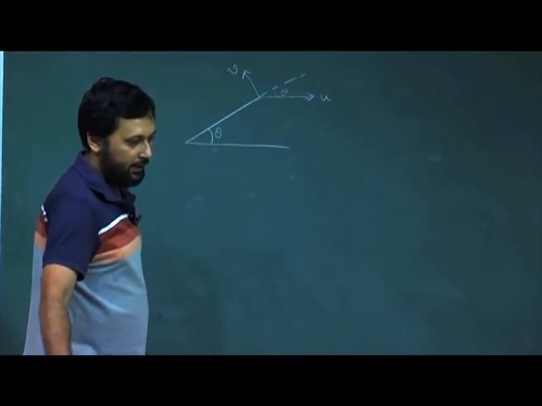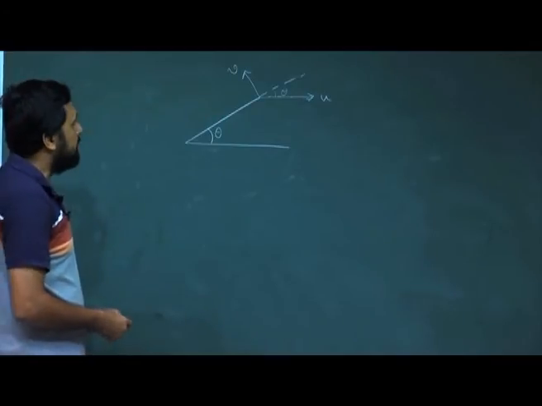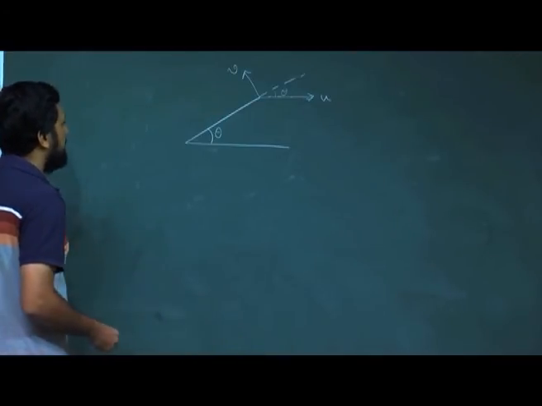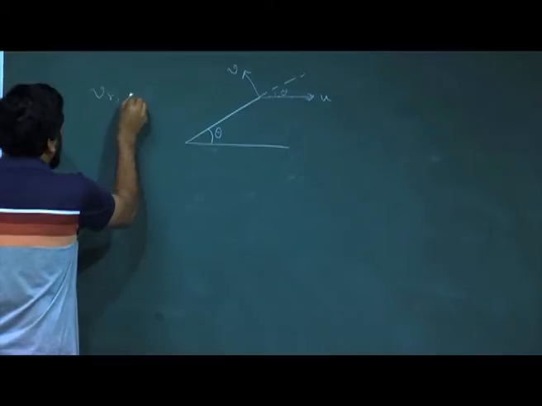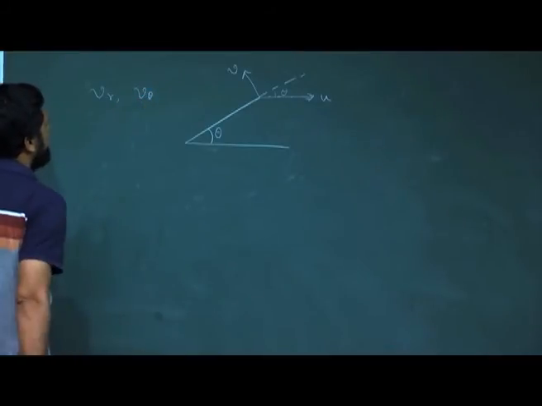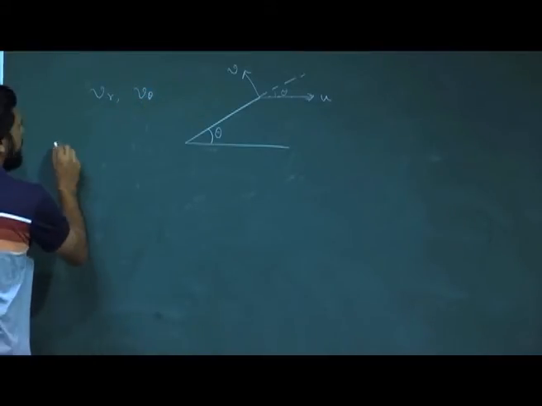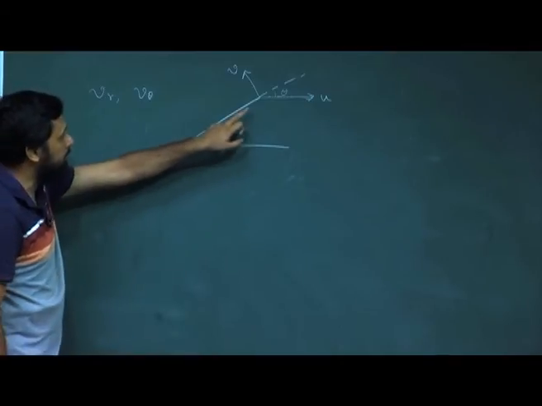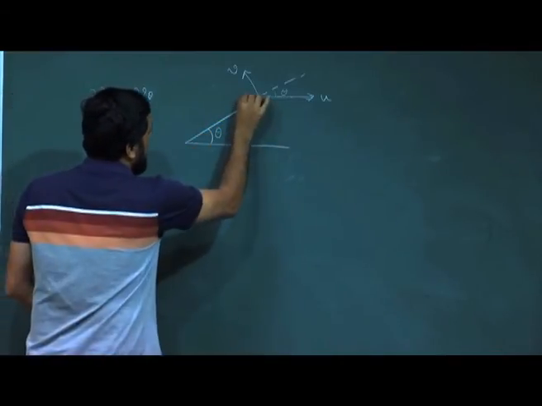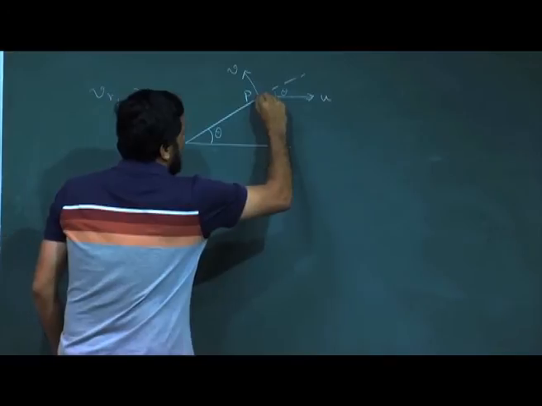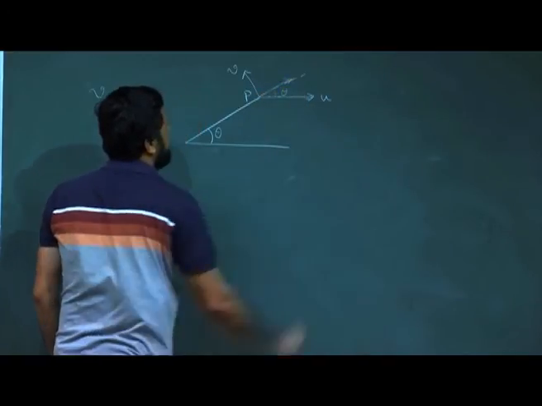So, the question says first we have to write down the velocity expression in terms of Vr and V theta. Now, what is Vr? Vr is the radial velocity for this particular point P. It points in this direction.